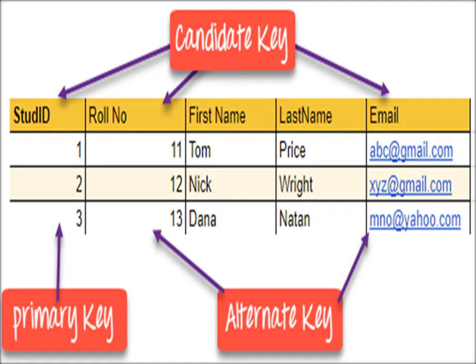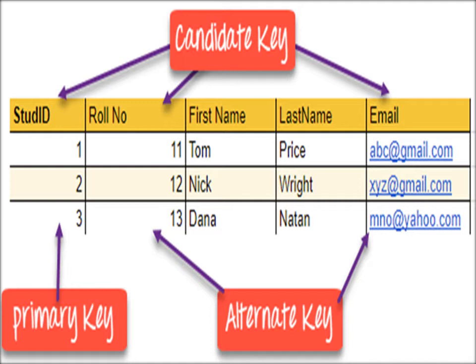Why? Because student ID cannot be the same, it will be unique for all the students. Roll number, if within a class we are talking, then yes, roll number will also be a unique value. Email, you cannot have the same email, so it will also be considered for a primary key.